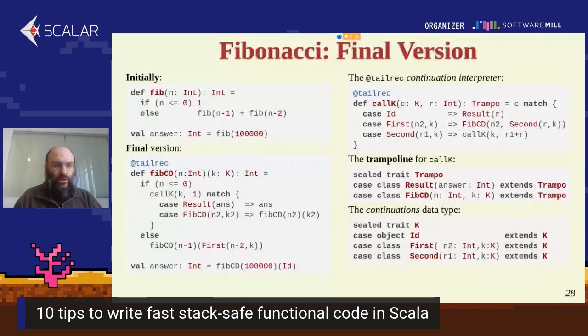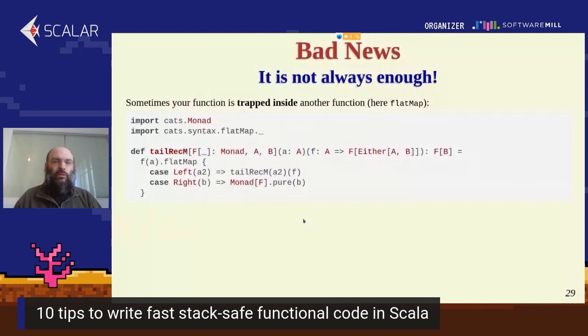I give it back. But if the call to K is giving me the order to call myself on the arguments n2 and k2, then I call myself. And this is all, almost. Because the problem is you can still have some of your function that is trapped here.